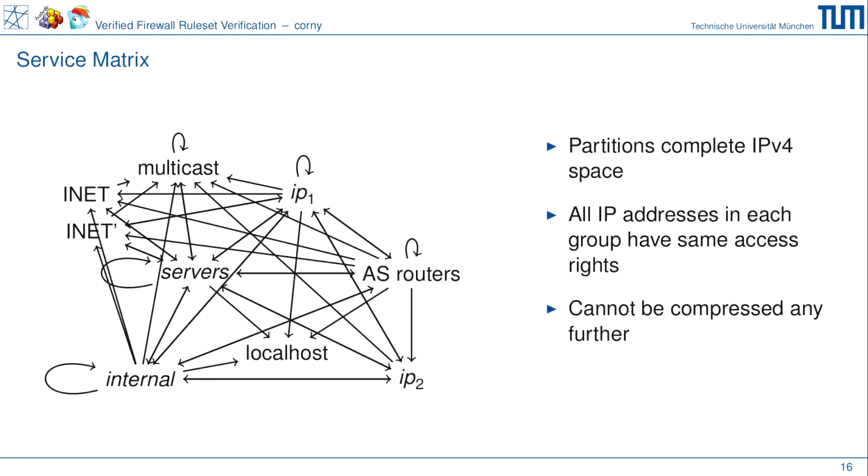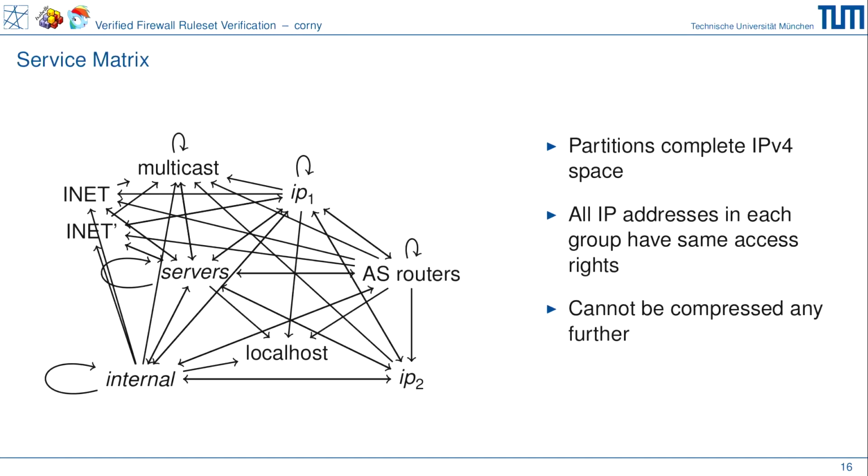Well, there is the answer. All these ranges you see there, internal, servers, INET, essentially correspond to the complete IPv4 address range. I just gave them symbolic names here because those ranges are really split up, maybe non-continuous, because there are so many exceptions in there, but they are all clustered together.